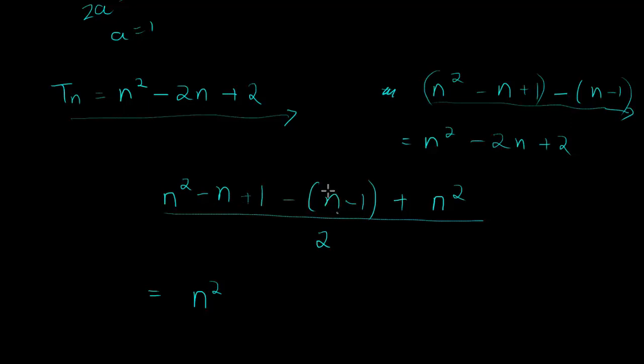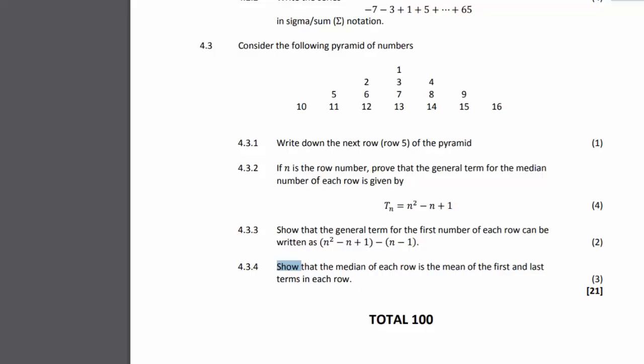Minus n, minus n is negative 2n, so that's just negative n. And then 1 plus 1 is plus 2, divided by 2 is plus 1. And this is the median that I worked out in question 4.3.2.